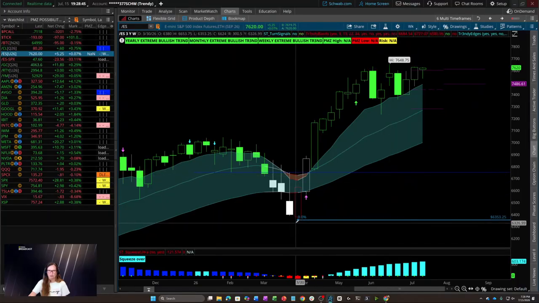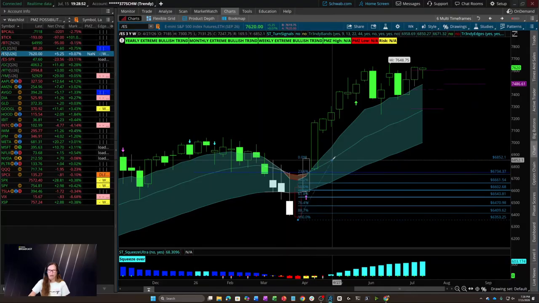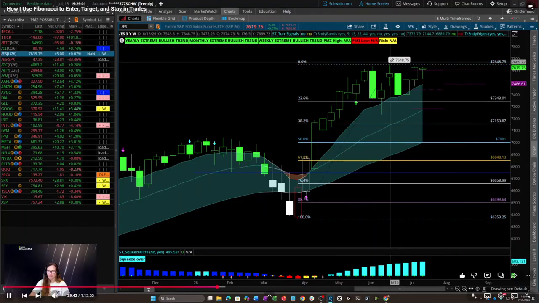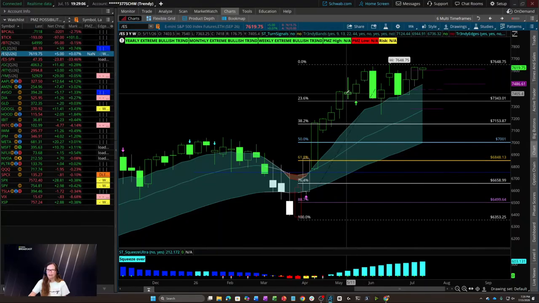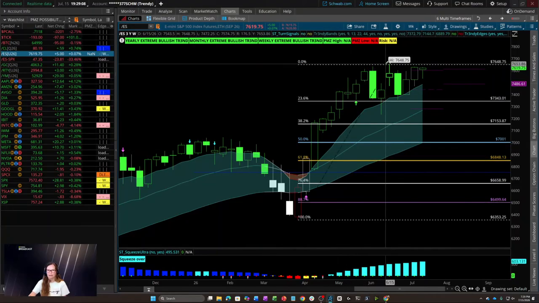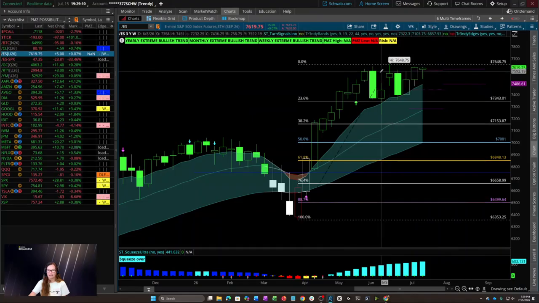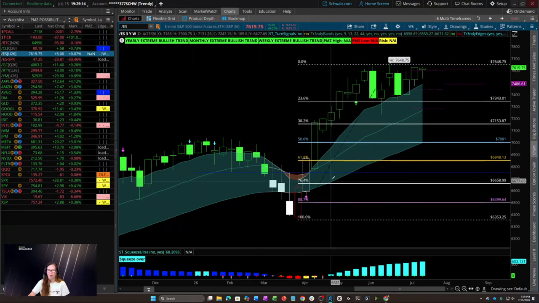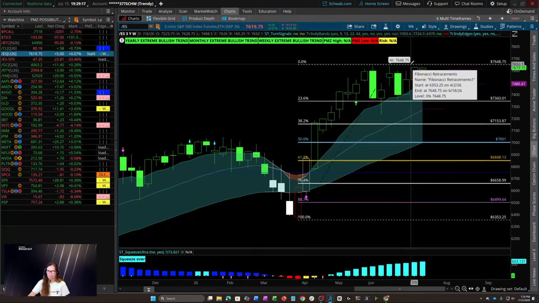It is going to start at the bottom, this most recent swing low, and I'm going to pull it up to the most recent swing high. All right. The way you can tell if you have it ran correctly is that the 0 will be at the top and the 100 will be at the bottom when measuring an uptrend.